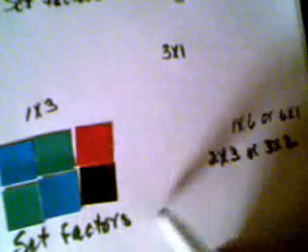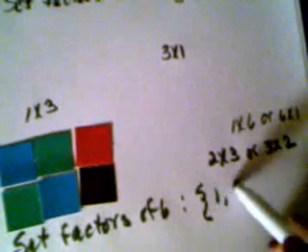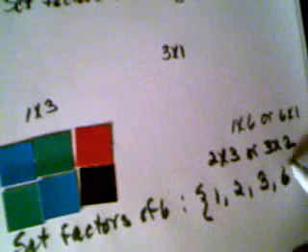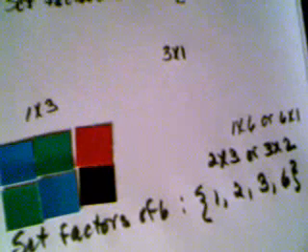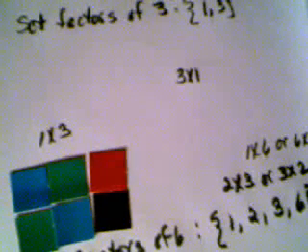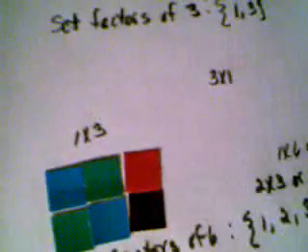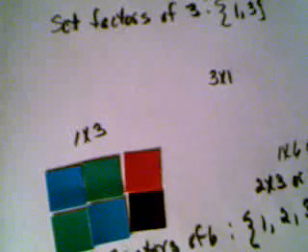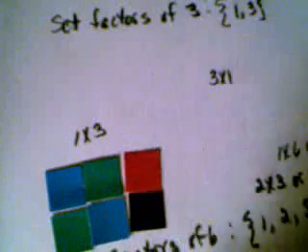So the set of factors of 6 would be 1, 2, 3, and 6. So this is how we can let students discover the set of factors. They discover it by creating the possible rectangles that they could make from factors.